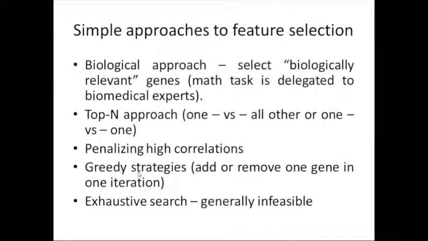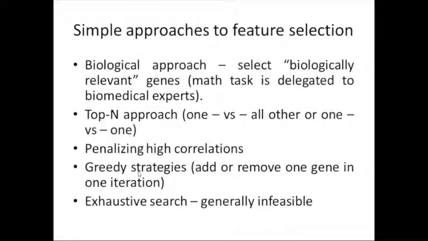So there are approaches that penalize correlations and try to avoid this drawback, that go through this list and take into consideration not only differential expression characteristics, but also characteristics related to linear dependence, or for example, related to correlations with genes that have already been selected.